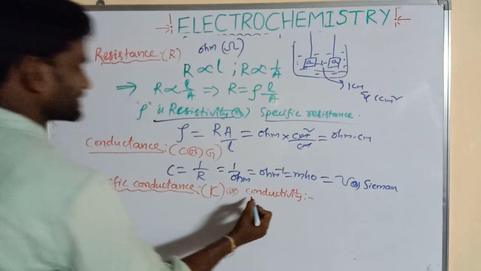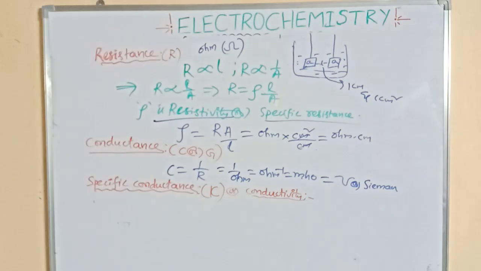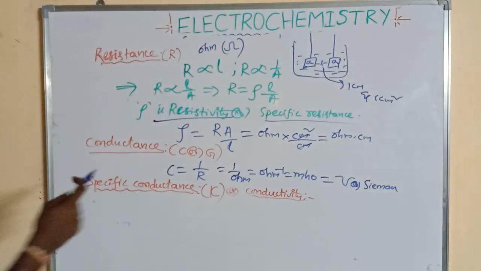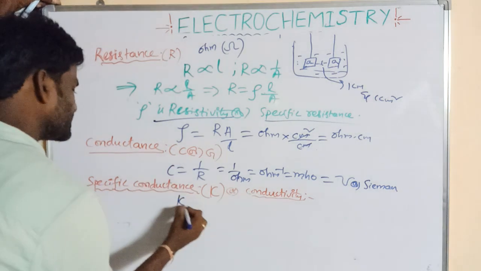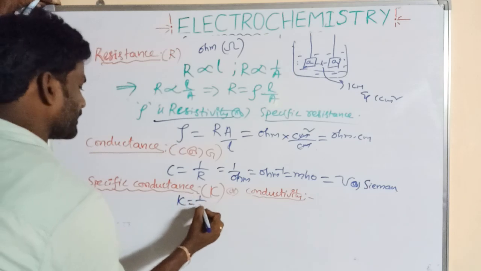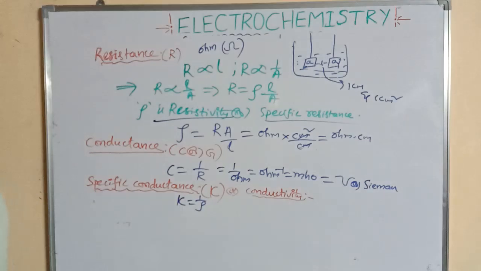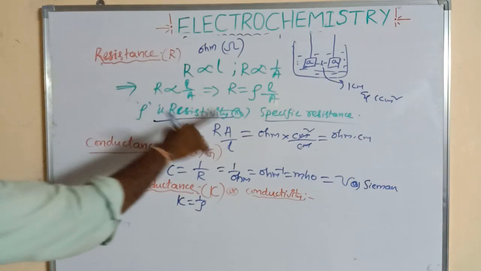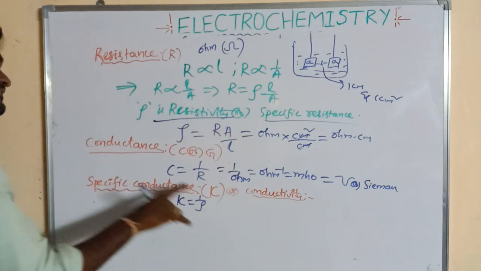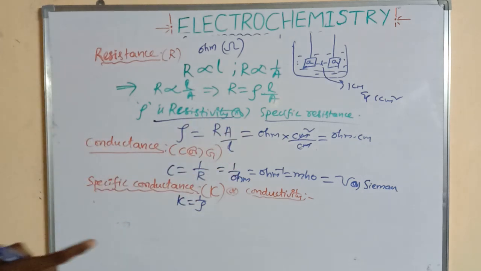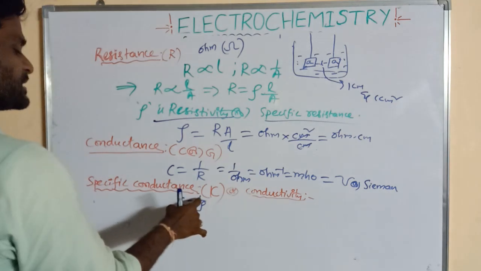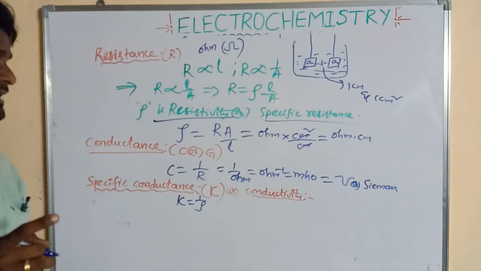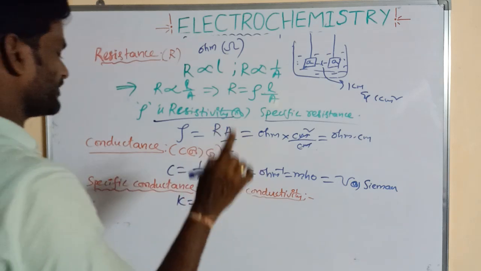Both are the same. So what is the definition of specific conductance? Kappa is equal to 1 by rho. The reciprocal of resistivity, the reciprocal of specific resistance, is known as specific conductance or conductivity.